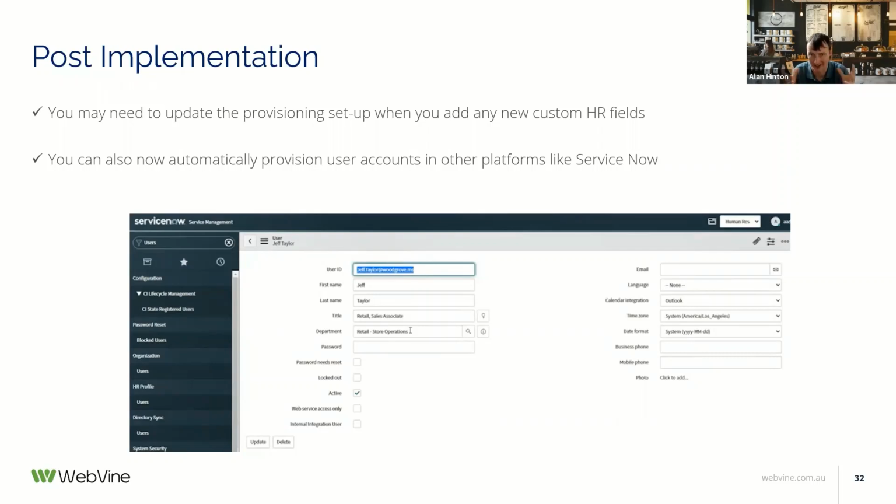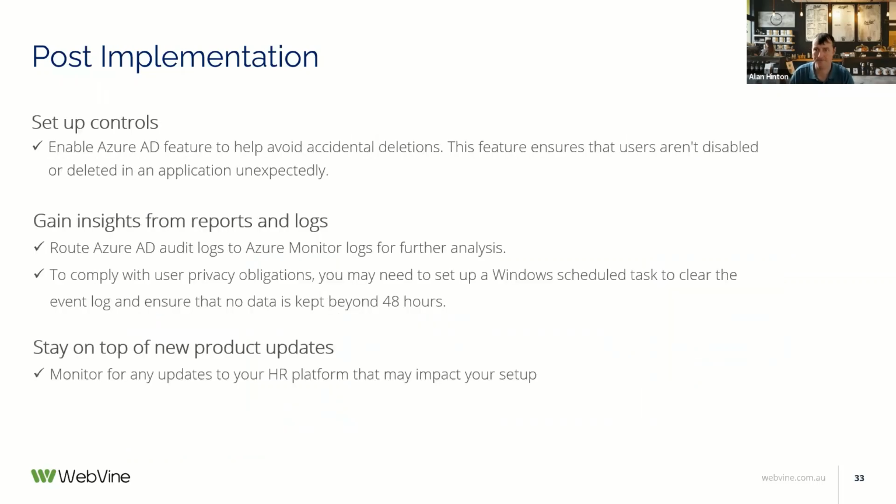Yeah, we all want single sign-on and stuff. Doesn't always happen in all systems. So thinking about that, having controls in place. One of the biggest things we find is that when the HR platform changes their widgets and their connections and their APIs and stuff, the sync can fail. So staying on top of how that HR platform is updating its systems so that you can avoid that going forward.